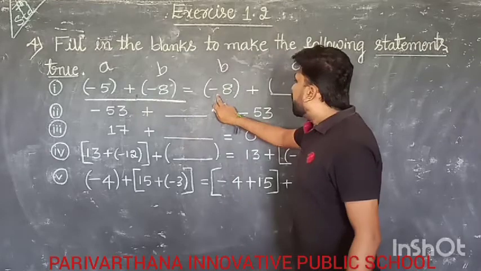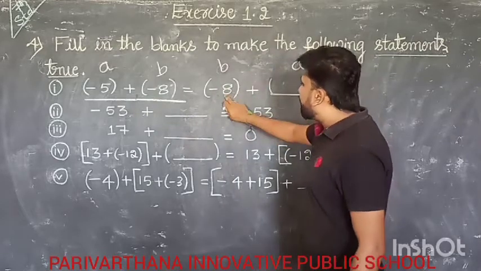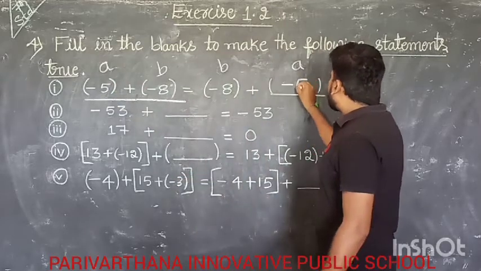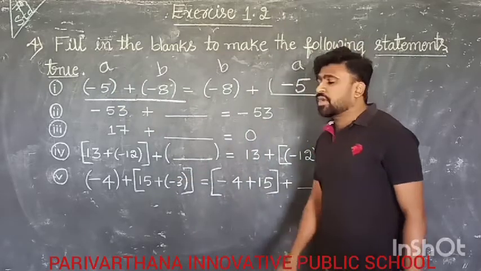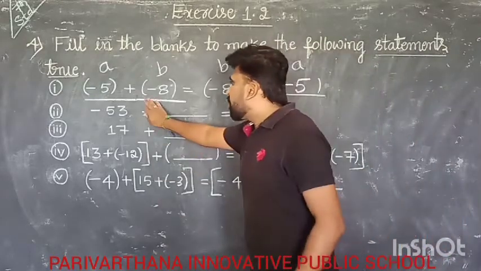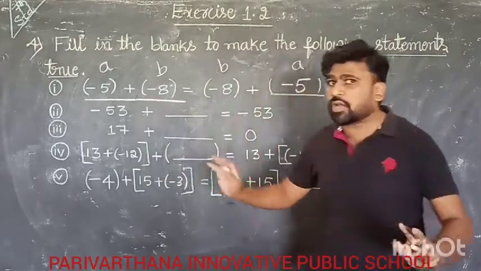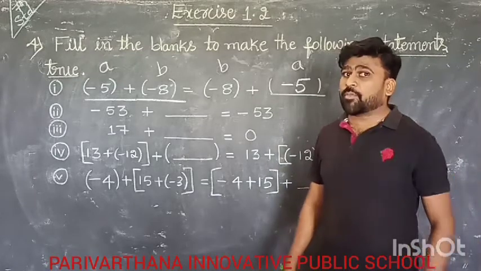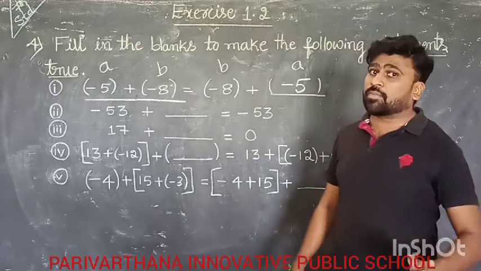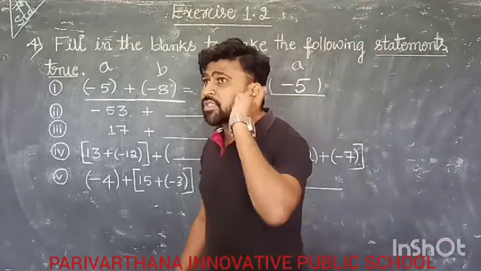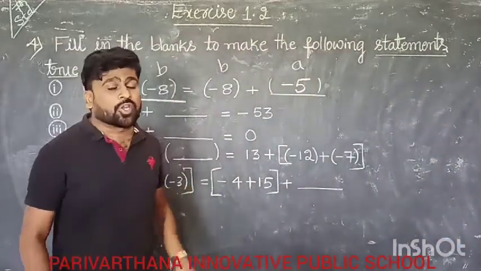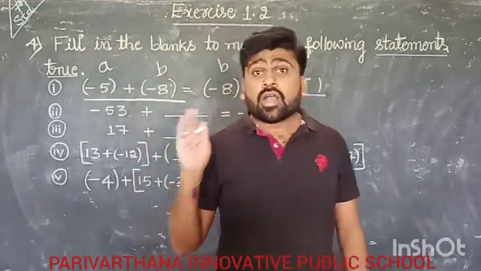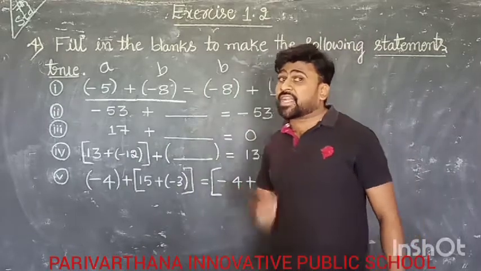Therefore, here B plus A, B will be minus A will be minus 5. Therefore, the first fill in the blank answer is minus 5. Clear? Because LHS and RHS both are two integers, that's why commutative property. If RHS is two numbers and LHS is only one integer, that is closure property. Don't confuse commutative property and closure property regarding the identification.